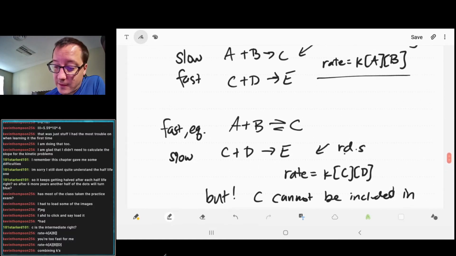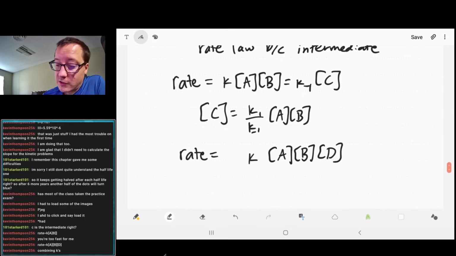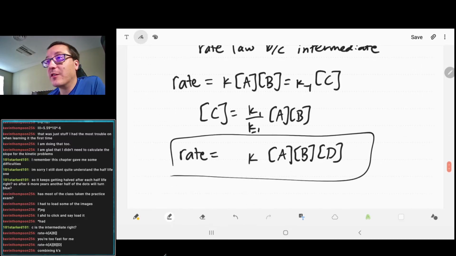So, if we have something like this, our rate law should end up reflecting the fact that it is based on the intermediate, but we're going to replace the intermediate with our actual initial reactants. And so that's what we would end up with as our rate law for this particular scheme.